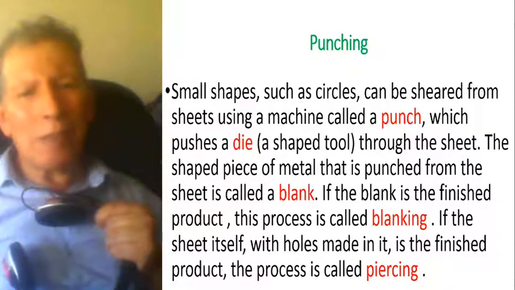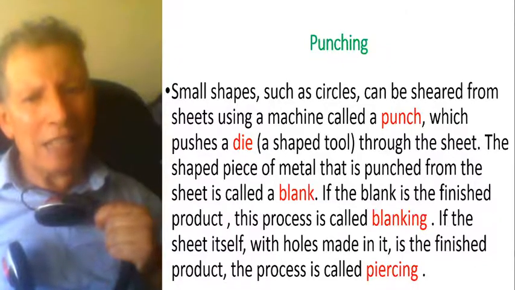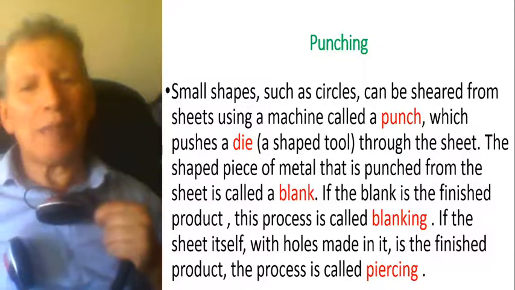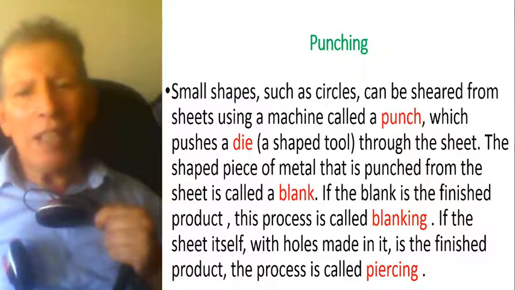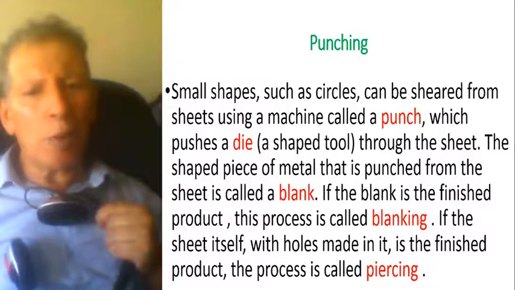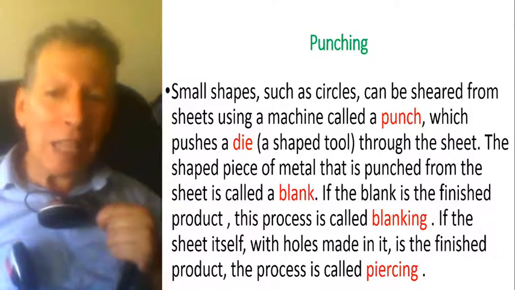The shaped piece of metal that is punched from the sheet is called a blank. So what we get ultimately is a blank. We push a die and we get a blank. If the blank is the finished product, the process is called blanking.